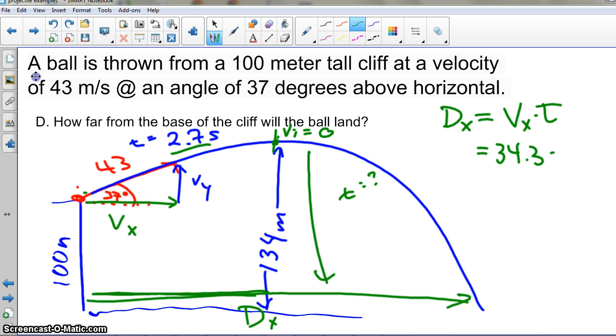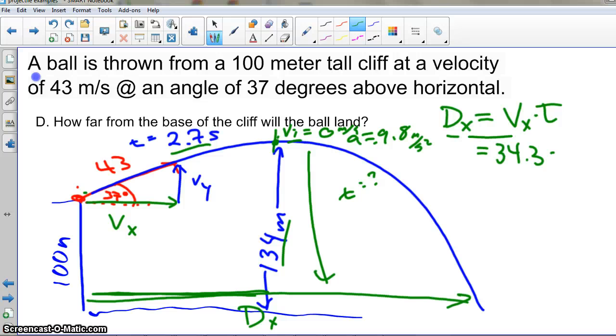And we know the initial y, we know the acceleration, and we know the distance in the y, don't we? Well, I'm pretty sure that we can find a time. That sounds like d equals vit plus half at squared, doesn't it? But you've got to be careful.